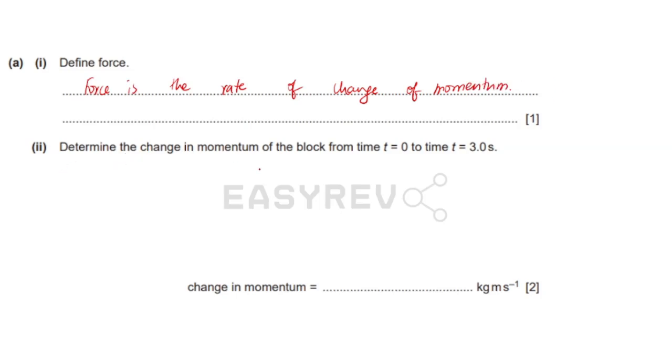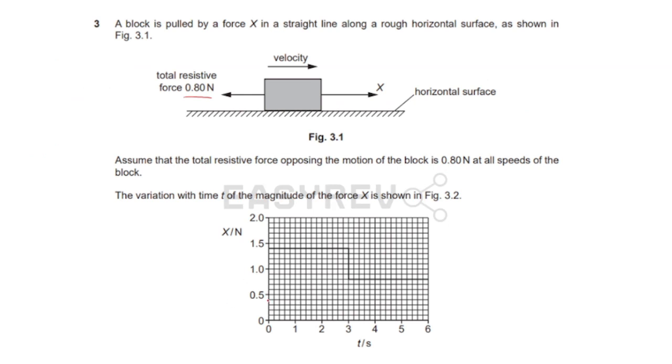Determine the change in momentum of the block from time t equals 0 to time t equals 3 seconds. So if we look at the graph back here, from t equals 0 to t equals 3 seconds, we want to first see what force X is being applied. That would be up to this point. And since you have a difference of 1 newton within 10 small boxes, each tiny box represents 0.1 newtons.